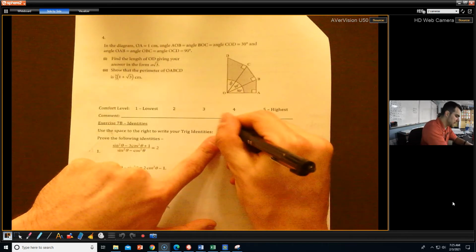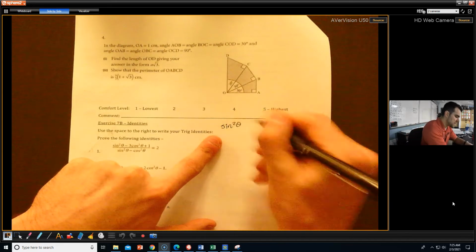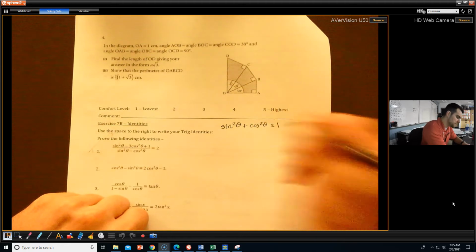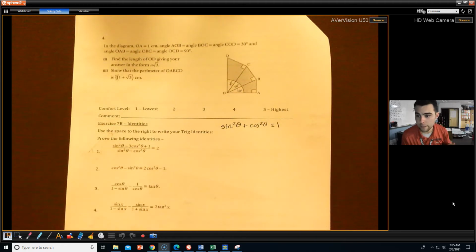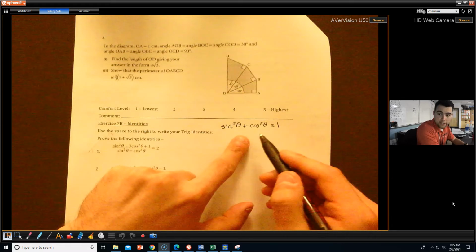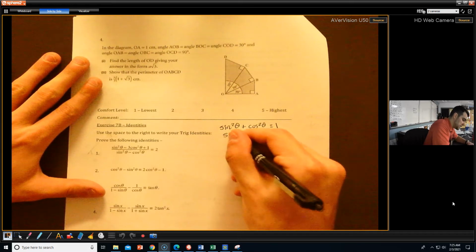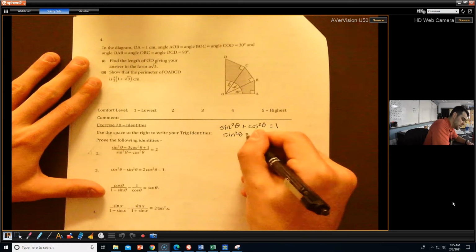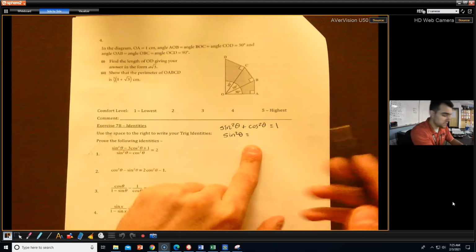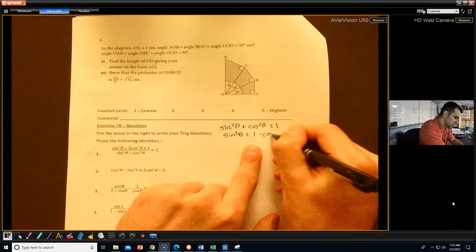Okay, we know our Pythagorean identity, sine squared theta plus cosine squared theta equals 1. But I'm also going to write the alternative versions of that because it's just not very clear just giving that one. We're running into these a lot: if I have sine squared theta, that's equal to, if I subtract cosine squared theta from both sides, 1 minus cosine squared theta.